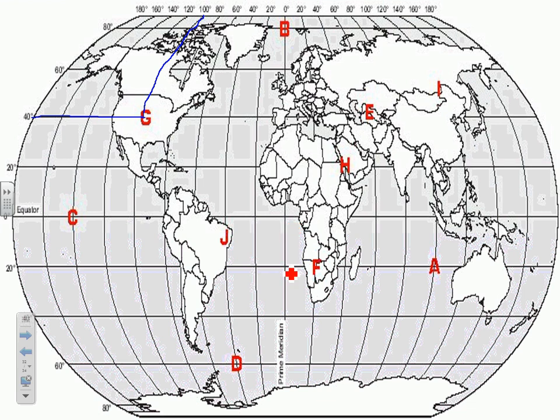So we're going over 20, 40, 60, 80, 100. We're going to measure up to the 100. So we know letter A is at 20 degrees south, 100 degrees east, because we went east of the prime meridian.